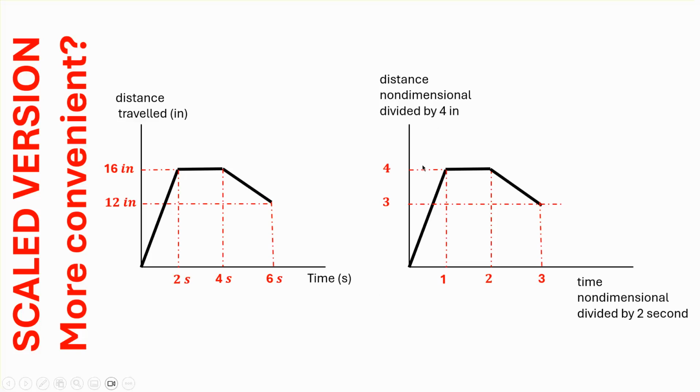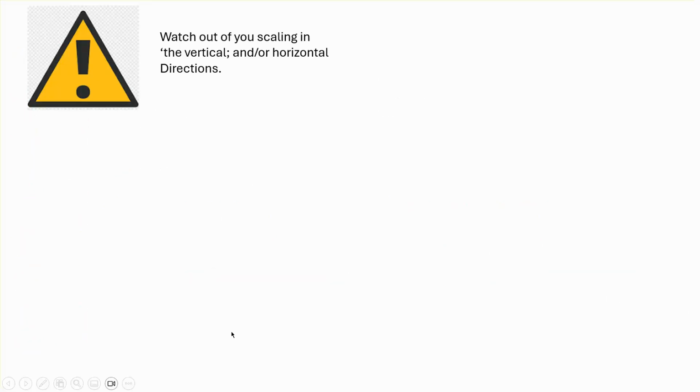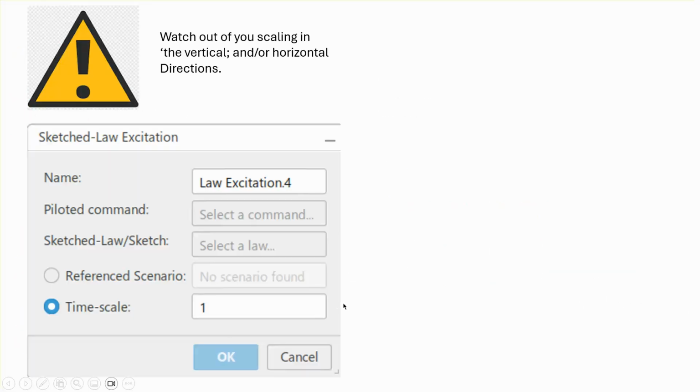So what I'm going to use is the information on the right, instead of the one on the left, or any other scale that you want, or in fact, if you insist, you can give the one on the left. Now, when you scale them, first of all, you have to tell 3D Experience the total time over which this curve is to be applied to your kinematics calculation.